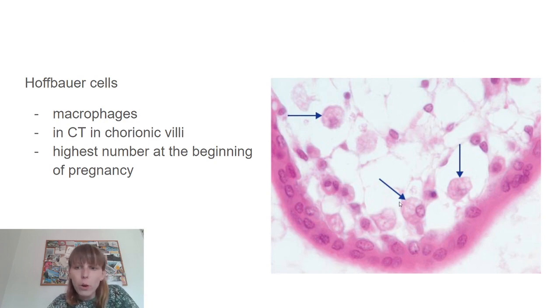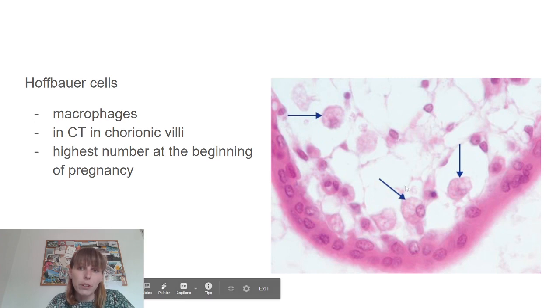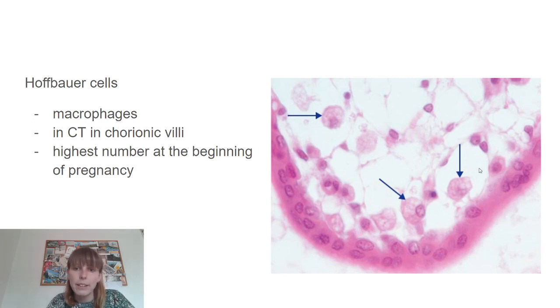There are also special macrophages located in the chorionic villi, and they have a special name. Like you have Kupffer cells in the liver, so you have Hofbauer cells in the chorionic villi, and they are macrophages located in the extraembryonal mesoderm, in the connective tissue inside the villus. So they would be large round cells like this sitting in the extraembryonal mesoderm.